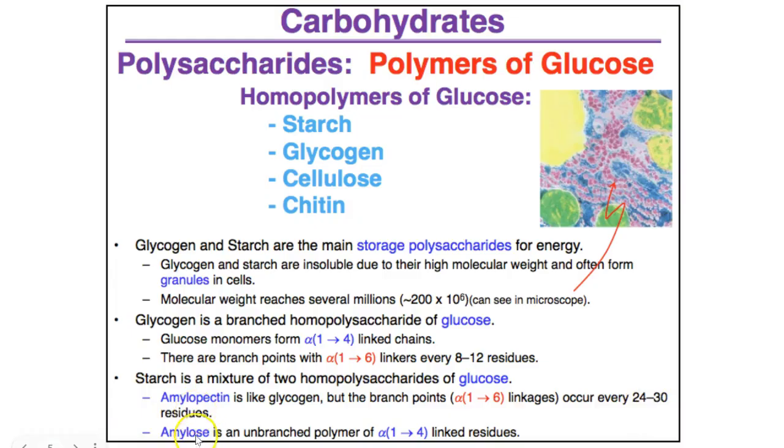And then you have amylose, which is an unbranched polymer of alpha glucose, with the glycosidic bond being alpha 1 to 4, where the 1 is the anomeric carbon and the fourth carbon is on the other glucose monomer.